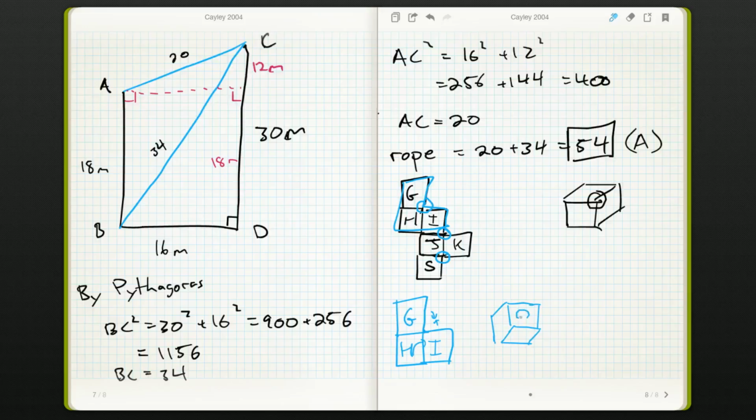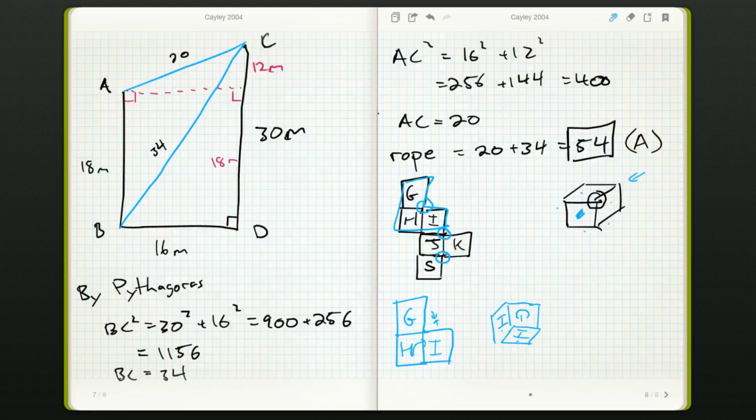The orientation doesn't really matter right now, but I'll include it for completeness' sake: I, H, G. So I can realize that I is going to be touching G. And if we want opposites, we can't be any of the 4 squares that are touching. So I is out. How about J or S or K?